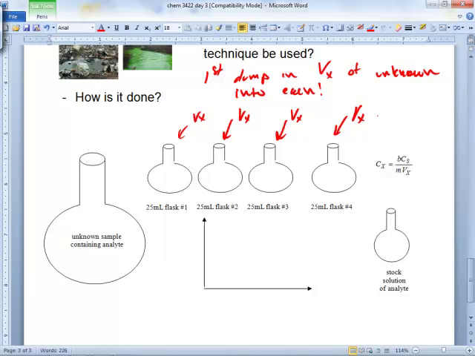We're done. The matrix is reproduced, because we have the exact same matrix in every single one of our standards, just by putting in the unknown. Okay? You only have a 25 ml flask, so you have to be careful here, but I think the more unknown you can fit in there, the better. So you put the same amount of unknown in each one, and the next thing you do is you spike each flask with some of your stock.